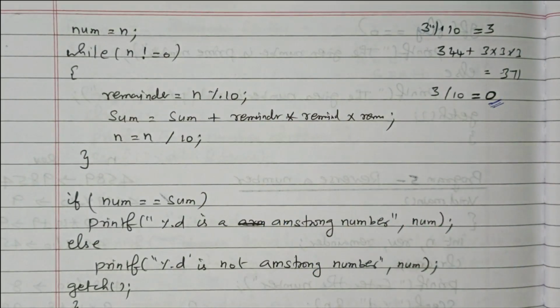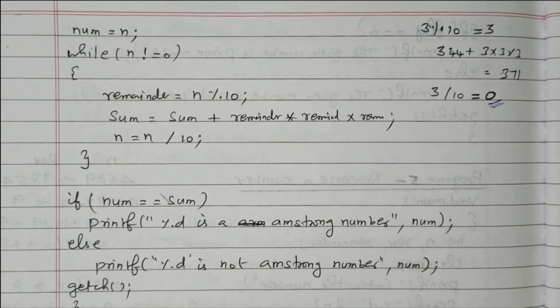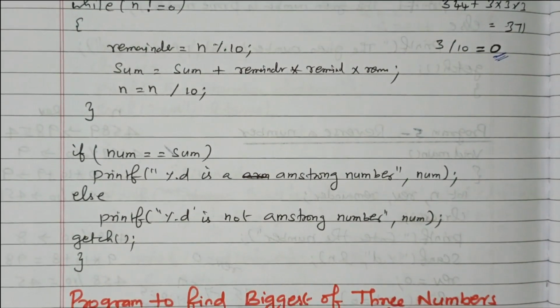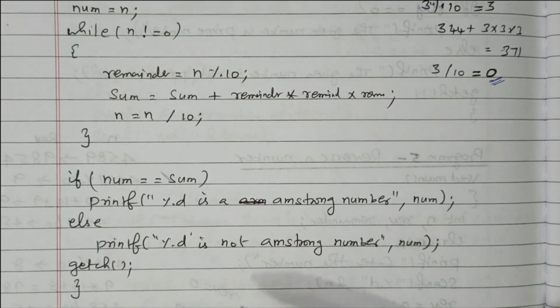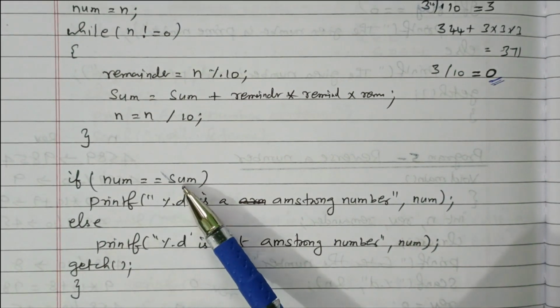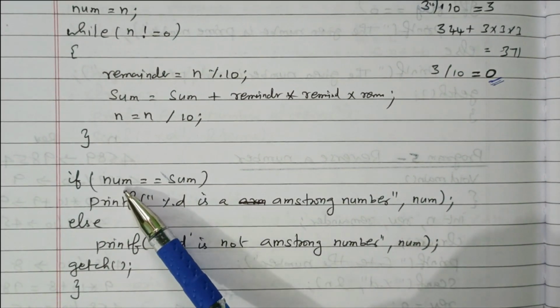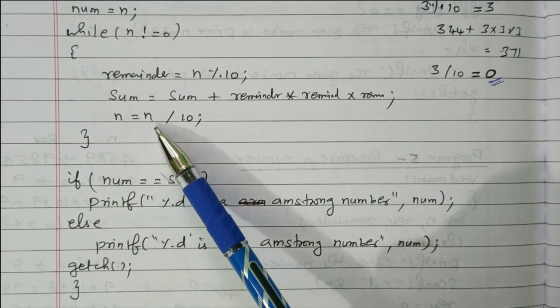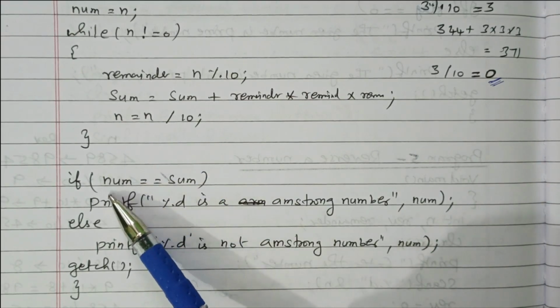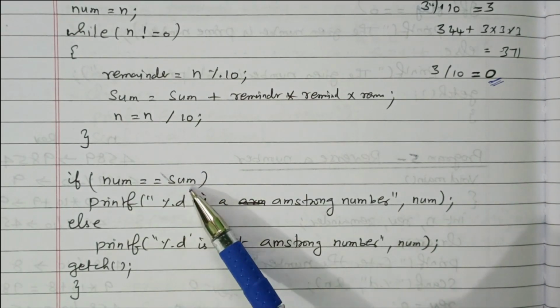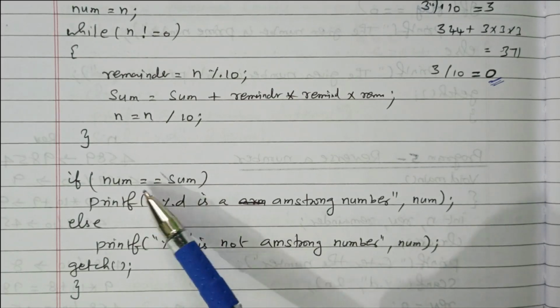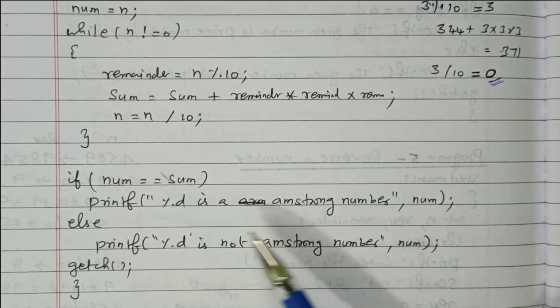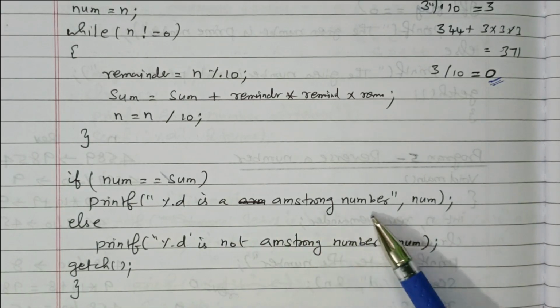Right. After that we need to check. Sum, here the answer is available. The entered value n is available in num, because now n is 0, so the n is stored in another variable. So if num equal to sum, if both are equal, then the %d, that is the num, is an Armstrong number.